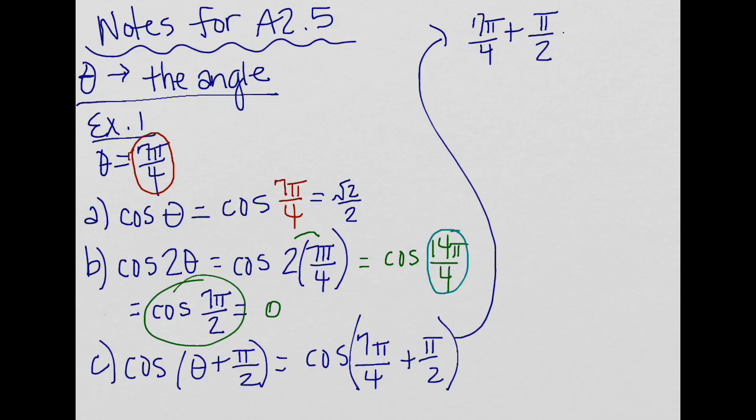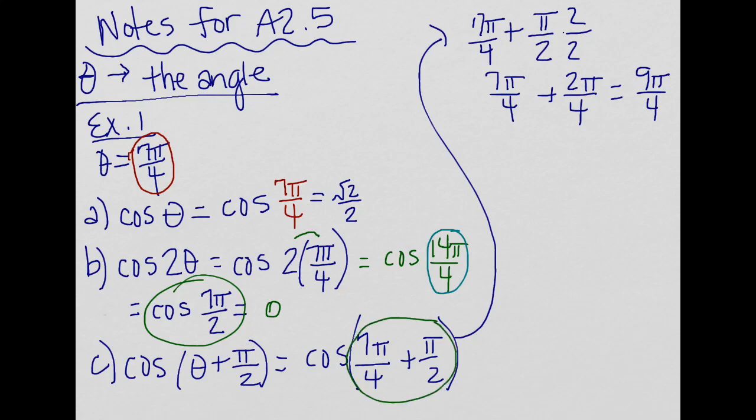So I need 4, so I'm going to have to multiply this one by 2 over 2. So I end up with 2 pi over 4. Okay, so then I just add at the top. So now I'm at 9 pi over 4. So I simplified all of this to be 9 pi over 4.